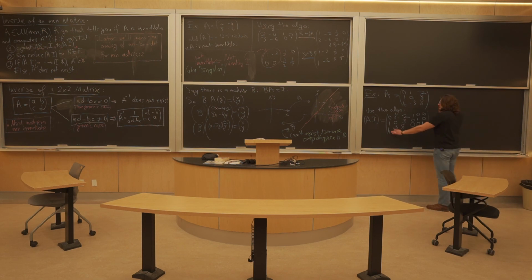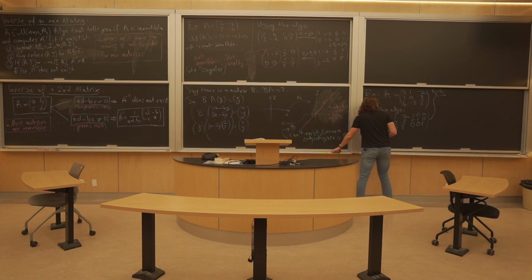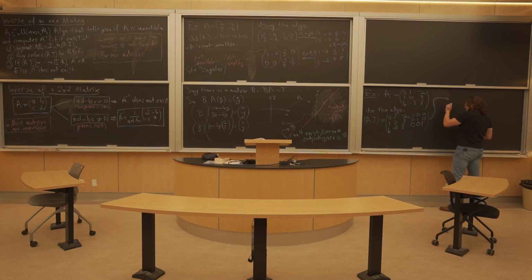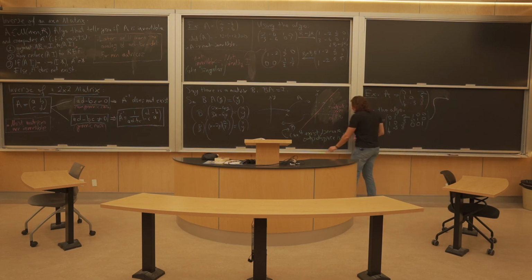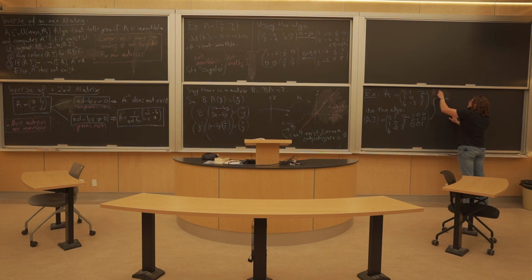What I can do is take the second row, subtract 4 times it from the third row. This is just week 1 still, right? I'm not doing anything new. Row 3 is replaced by row 3 minus 4 times row 2.